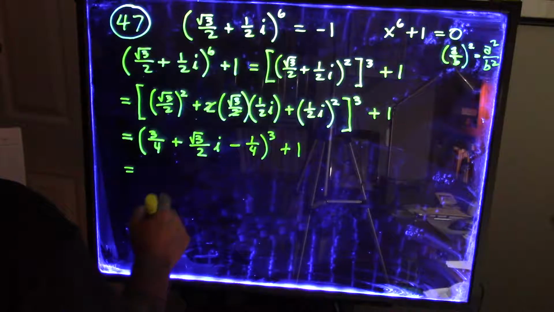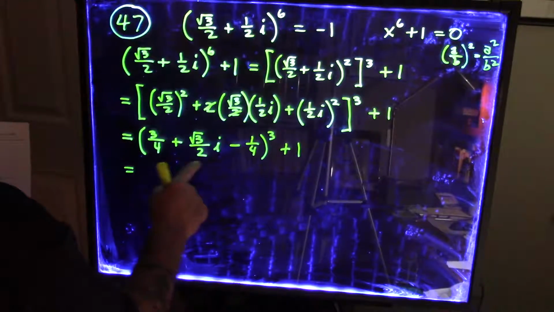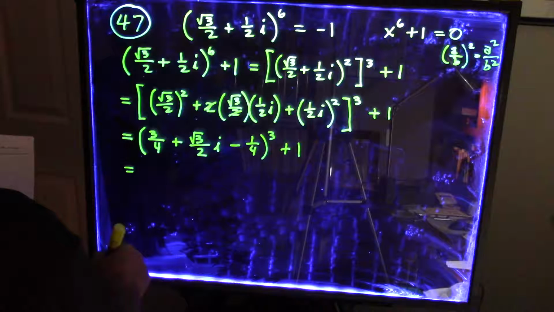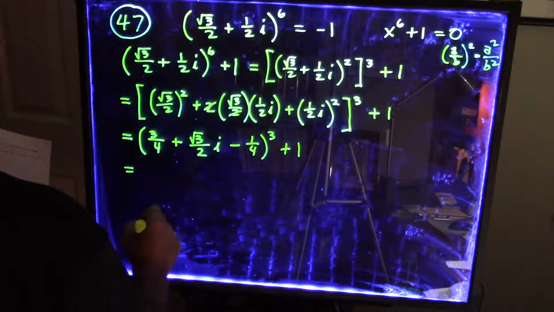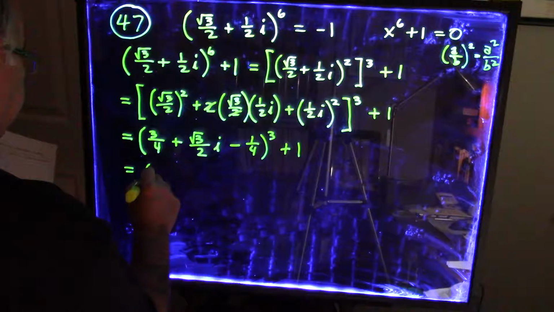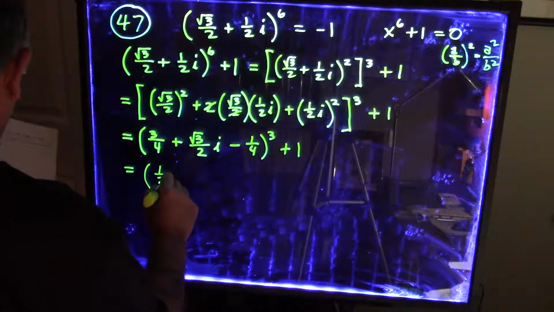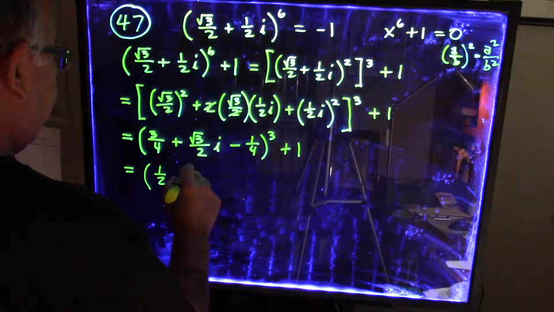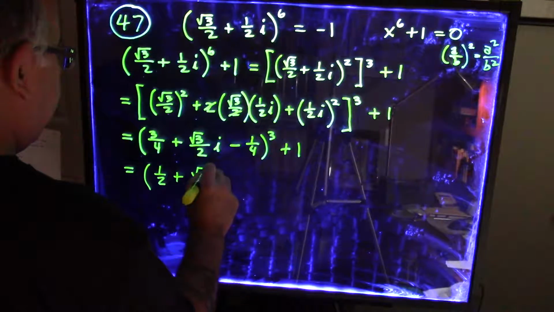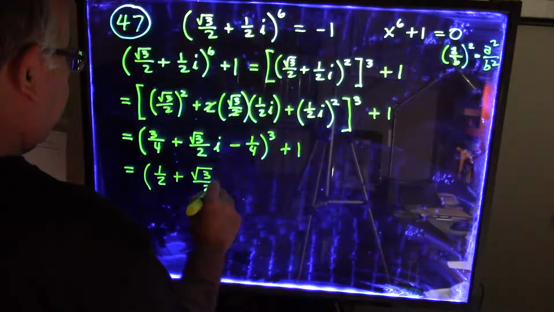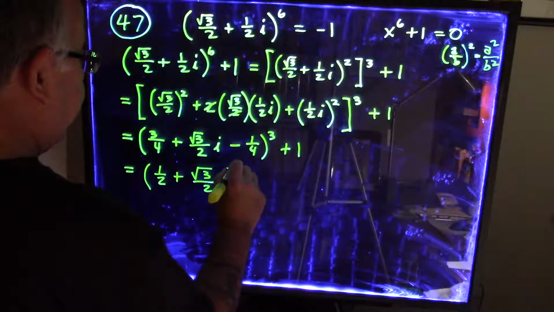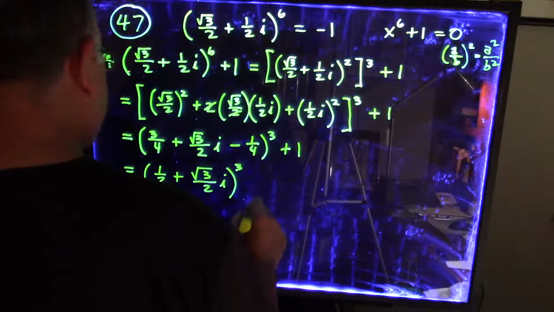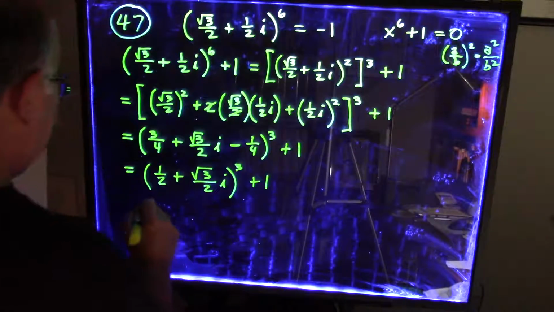Okay, so we can simplify a little bit more. 3/4 minus 1/4 is 2/4, which is 1/2. So you got 1/2 plus square root of 3 over 2i. And that's cubed plus a 1. Alright?